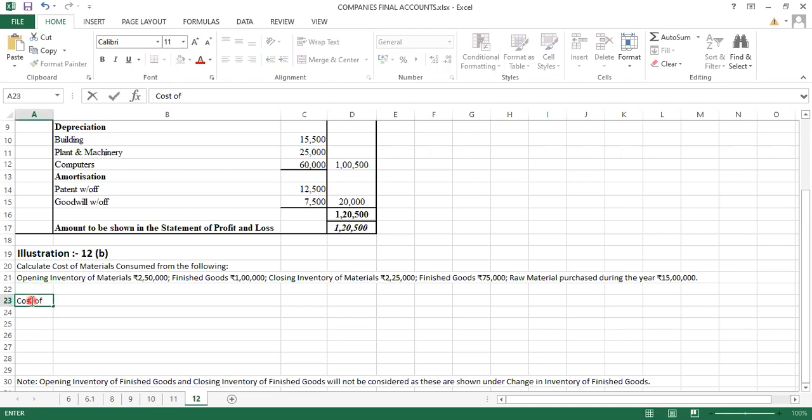Cost of material consumed is equal to opening inventory plus purchase of materials minus closing stock of material.